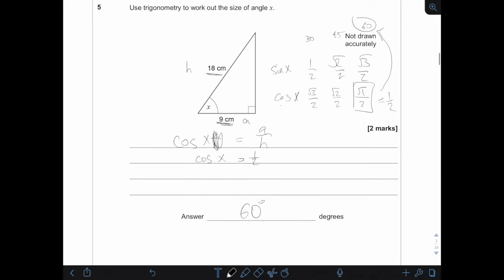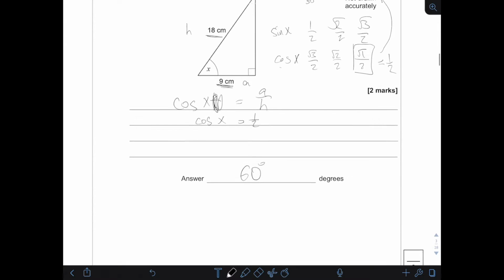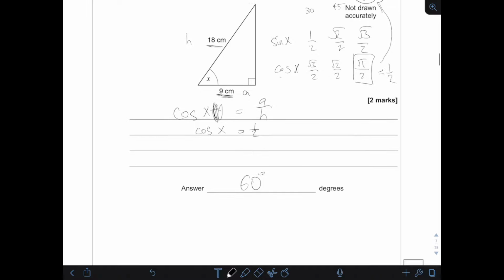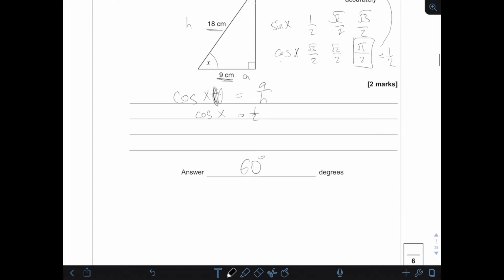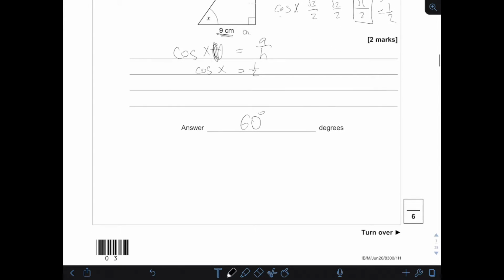That's the sine and the cosine ones, and then the tangent one is just the sine divided by cosine, which, if I remember correctly, is root 1, root 2, root 3 divided by root 3, root 2, root 1.